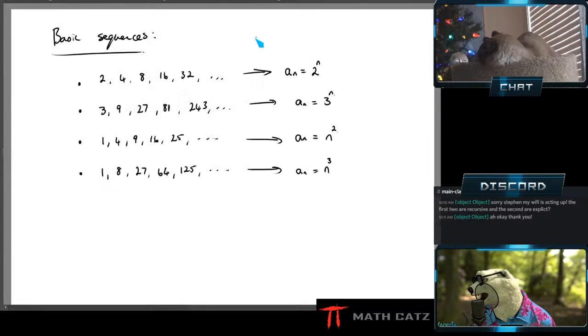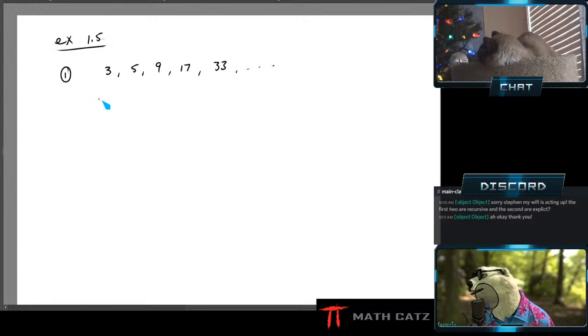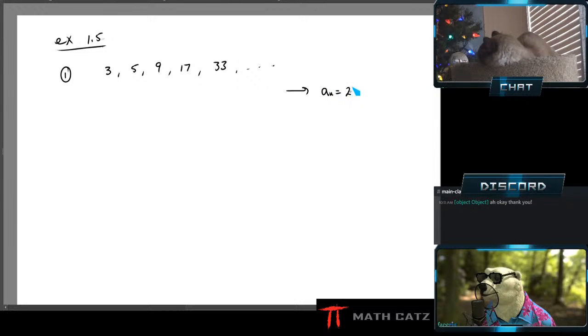I'll give you a clue here for the first one. If I look at this very first sequence, the powers of 2, and just write it underneath, over here I'm going to write my powers of 2, which has that formula. It's 2, 4, 8, 16, 32, and so on, lined up nicely.